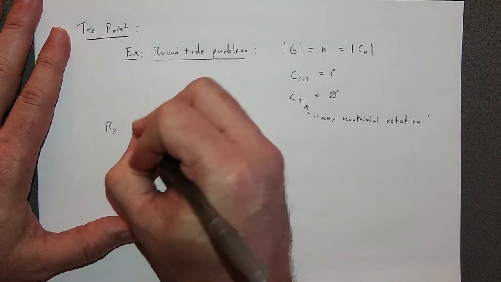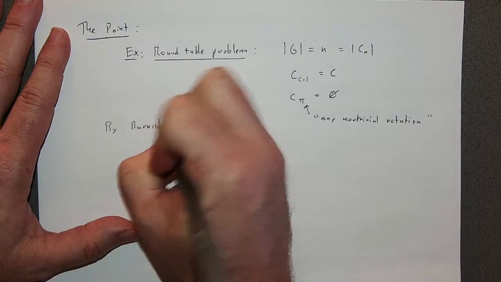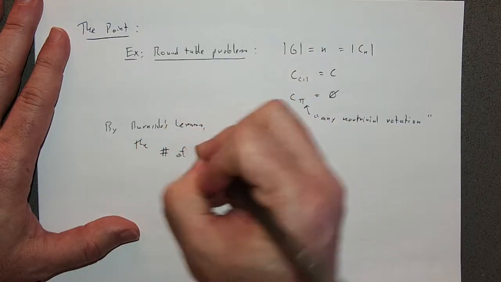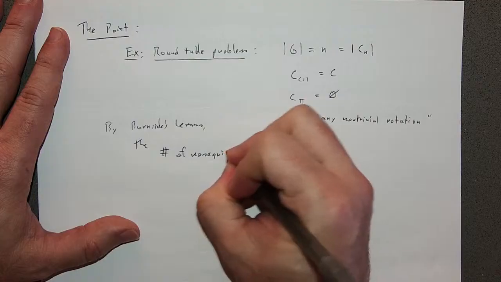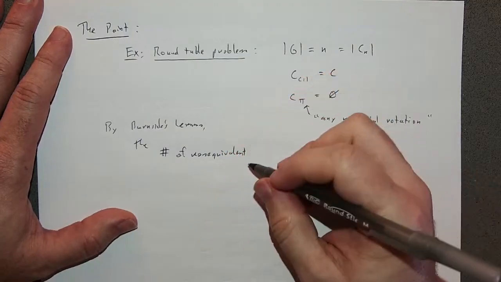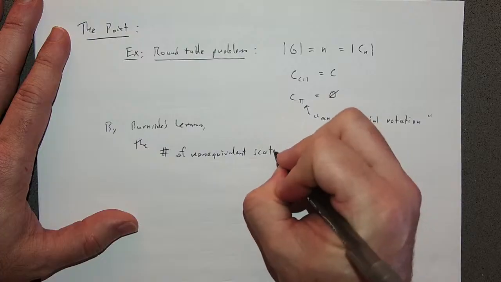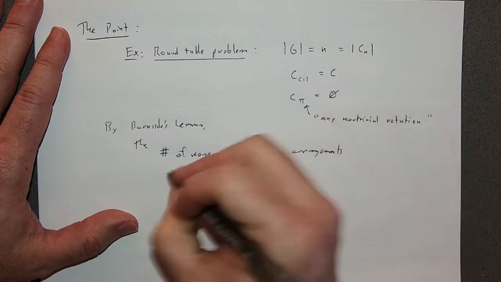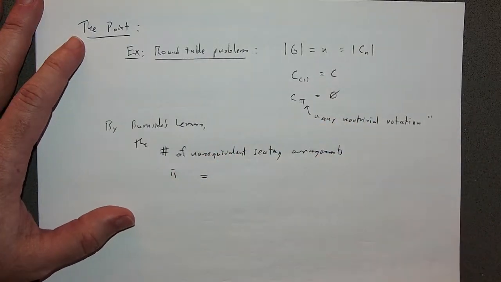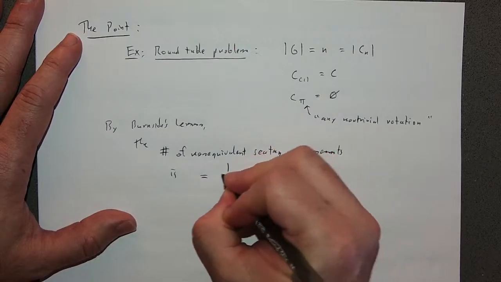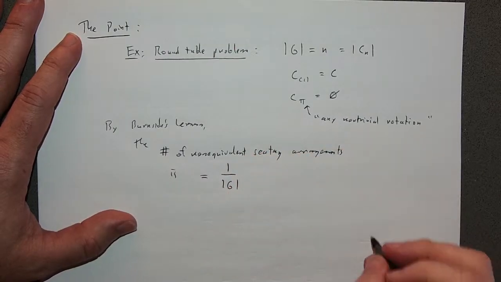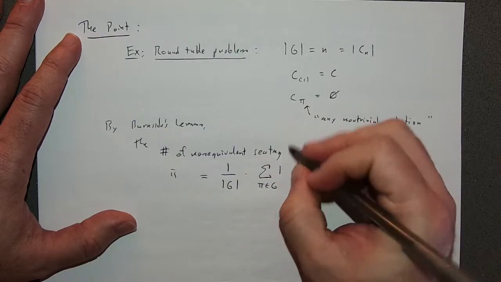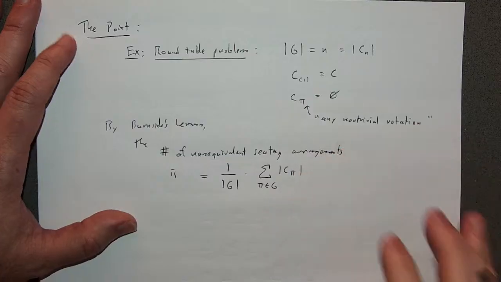And so, by Burnside's lemma, the number of non-equivalent seating arrangements is equal to 1 over size of G times this sum over the permutations of G of these invariant sets.